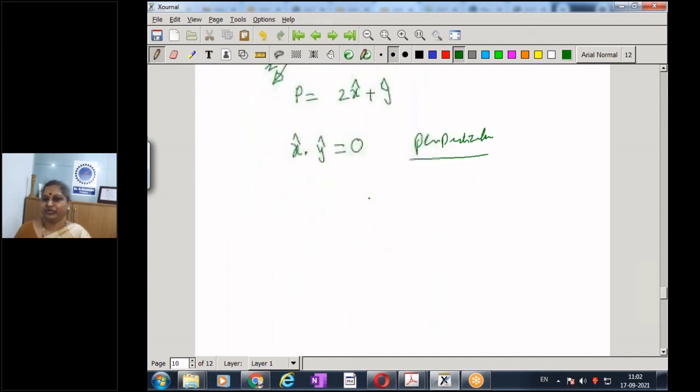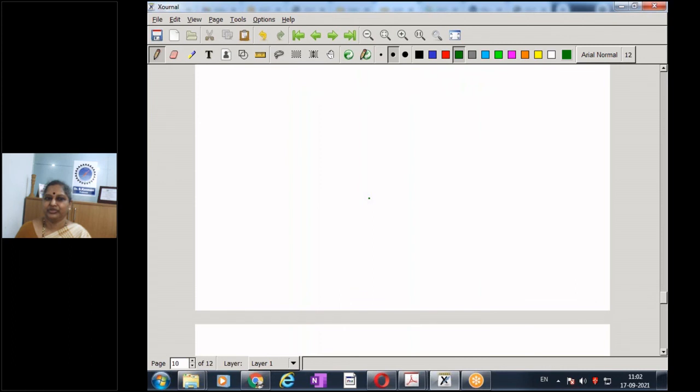So by using x, y, and z, we can represent any point in space, and the reason is they are all perpendicular to each other.